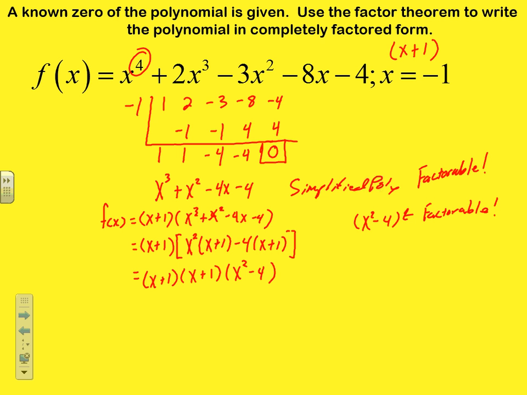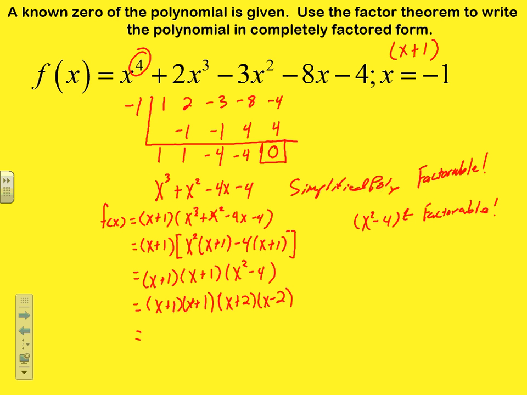So let's go ahead and factor it. Here we still have x plus 1 times x plus 1. And the x squared minus 4 can be factored to be x plus 2 and x minus 2. So here you can see now we do have the 4 factors, which would provide 4 solutions.